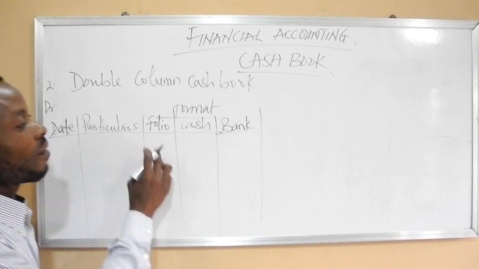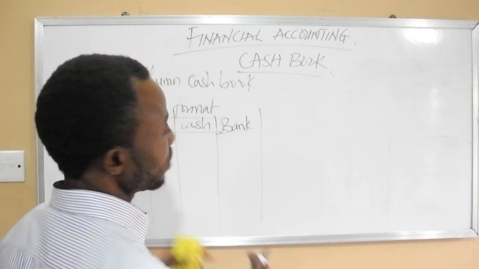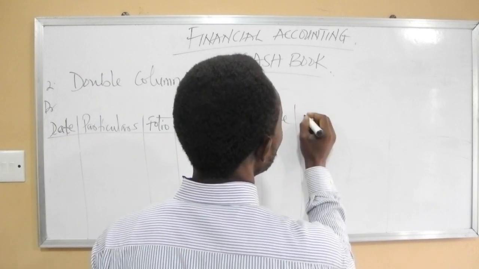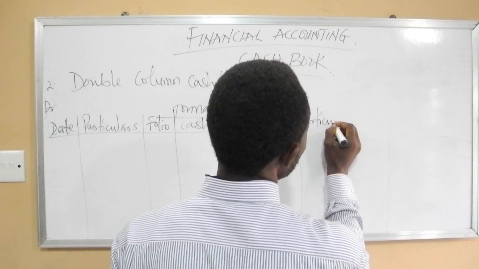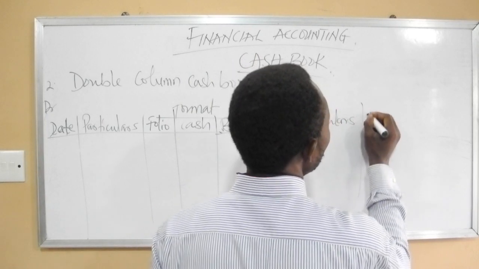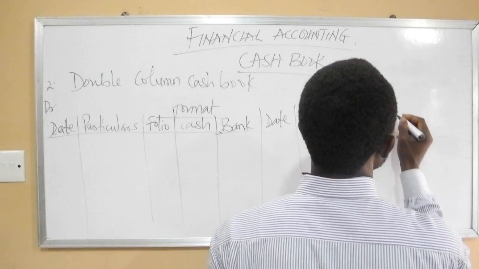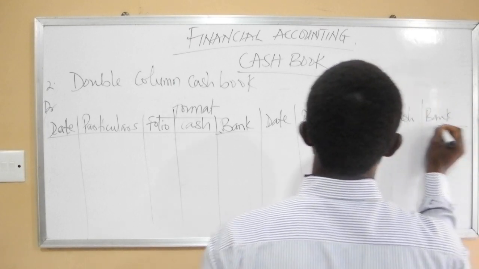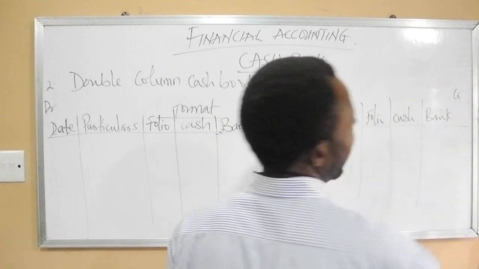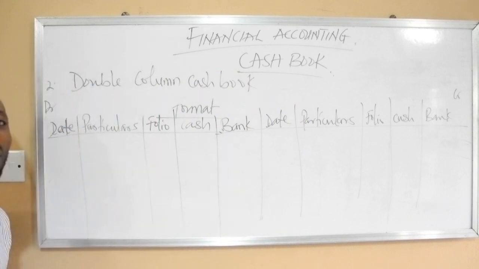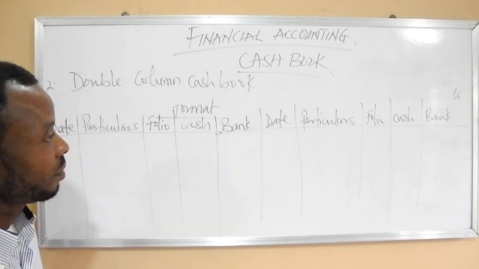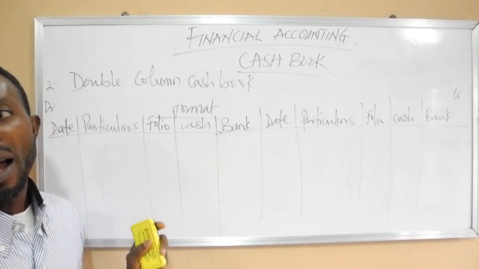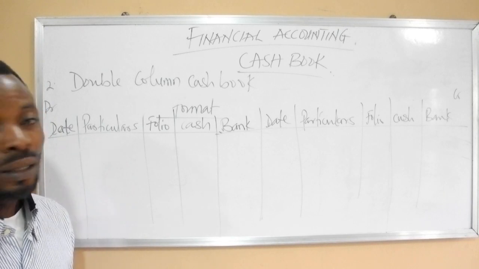So I have the particular, folio, cash, and bank. This is my debit side. Then on my credit side, I will have date, particulars, folio, cash, then the bank. Yes, that's on my credit side. So you see, the only thing that's changed in the format is just that we added another column for bank. Do you understand that?